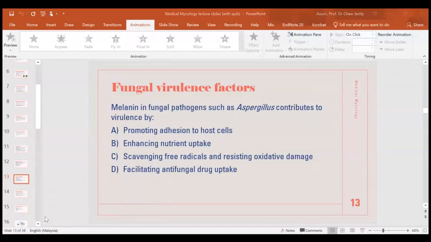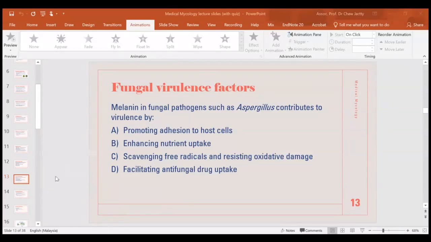Under normal circumstances, they will not want to take in more antifungal, because antifungals are supposed to kill or inhibit the fungal growth. So the answer would be C, scavenging free radicals and resisting oxidative damage. Many of these environmental fungal species produce melanin mainly for oxidative stress.